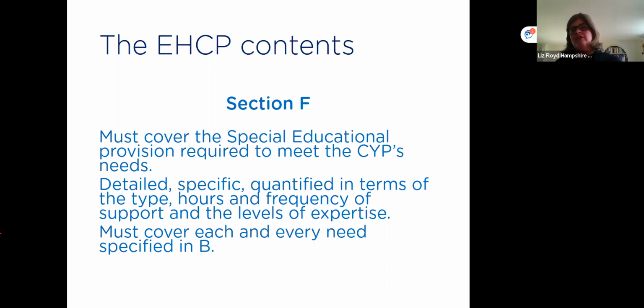So there are some things it is suitable for, but for things like speech and language, 'as required' is not really good enough. It needs to say who's doing it, where it is being done, how often it is being done, and how long the sessions are, so that it removes any doubt.